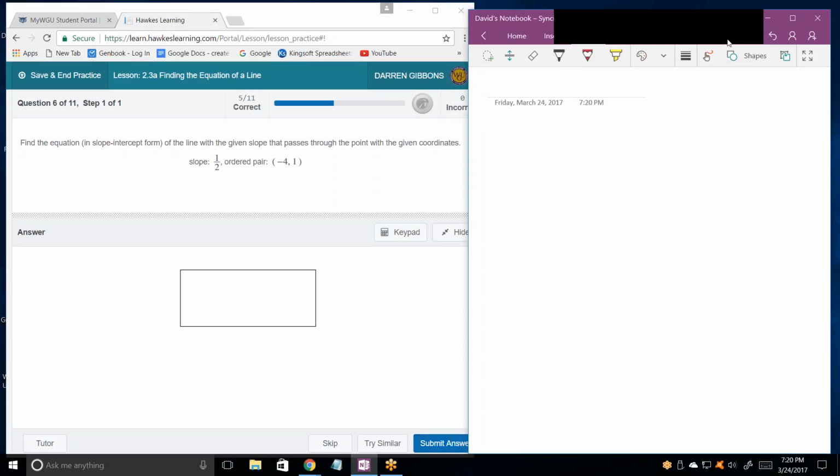Okay, well, let's do at least one more of these, although they're starting to look pretty much all the same. So we can probably do this one and go to the next section, I would think. Tell me what to do. So it's y equals 1/2 x plus b. Okay, now what?